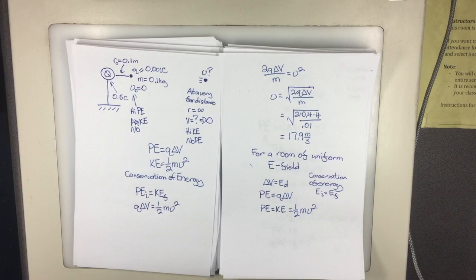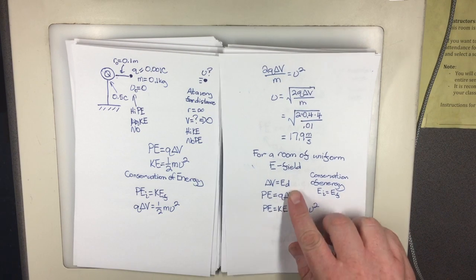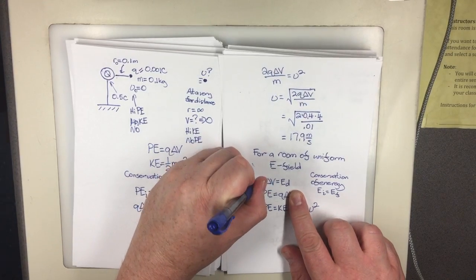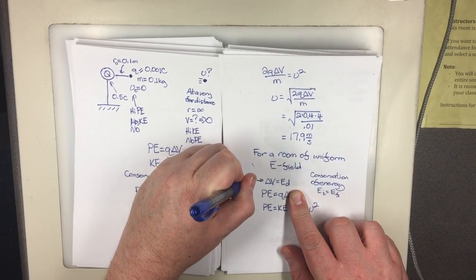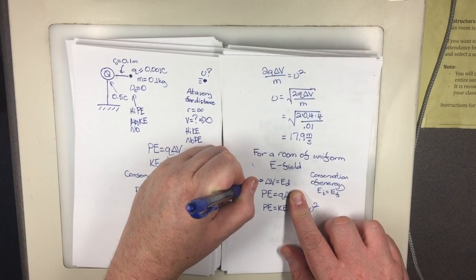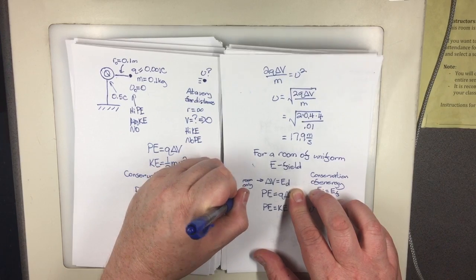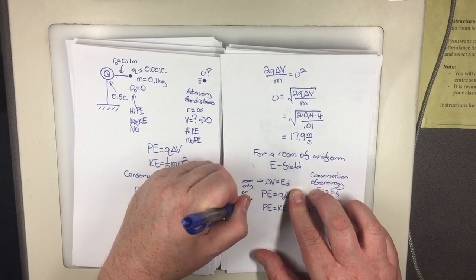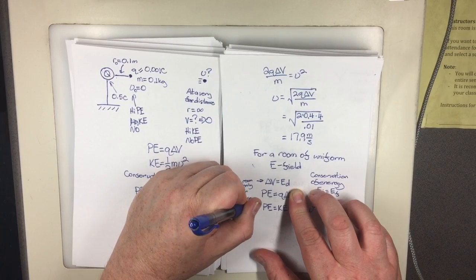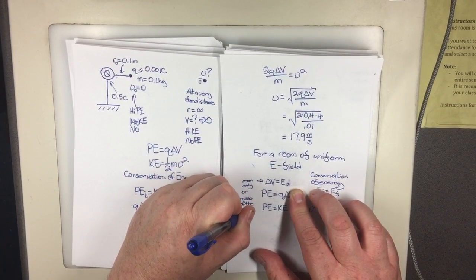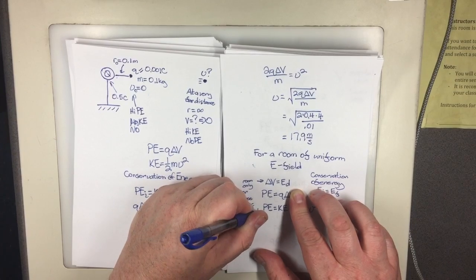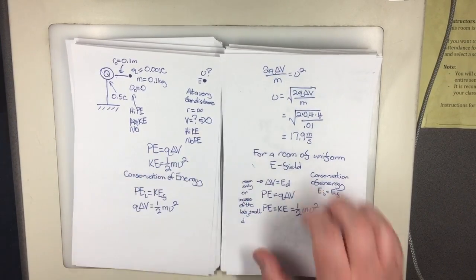So what is the delta V that we get to use? This particular delta V that we're figuring out is the delta V for a point charge, not for a room. So this equation here is for a room only, or in the case of the lab, small distances.